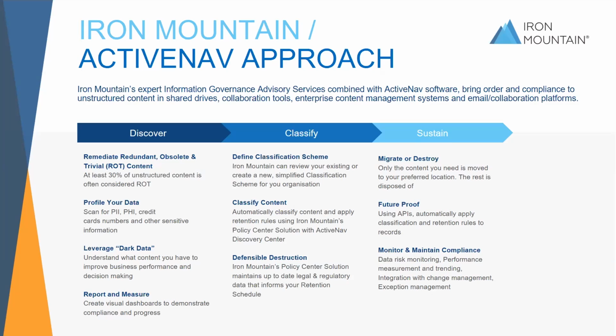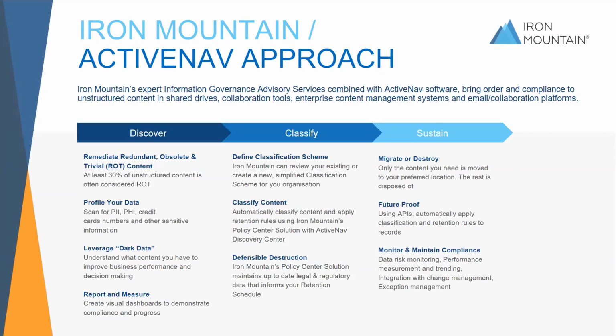So once we clear away the rot and look at those 5 to 10% of information that are actual records, we'll be able to identify and spend the time on the next phase, which is classification.